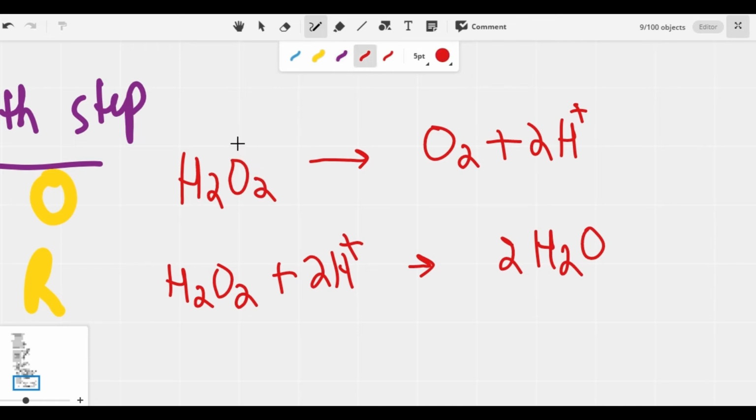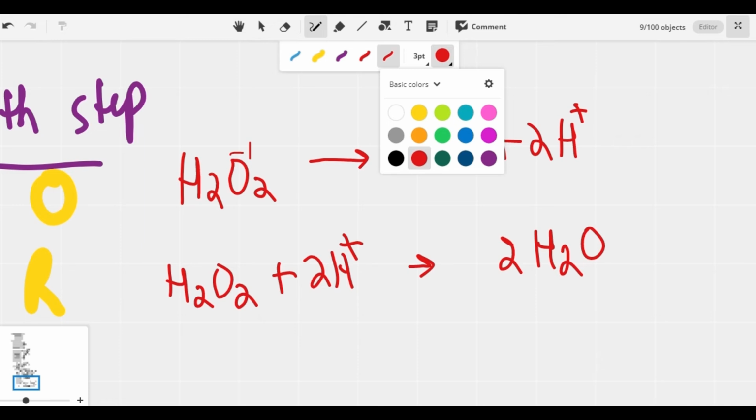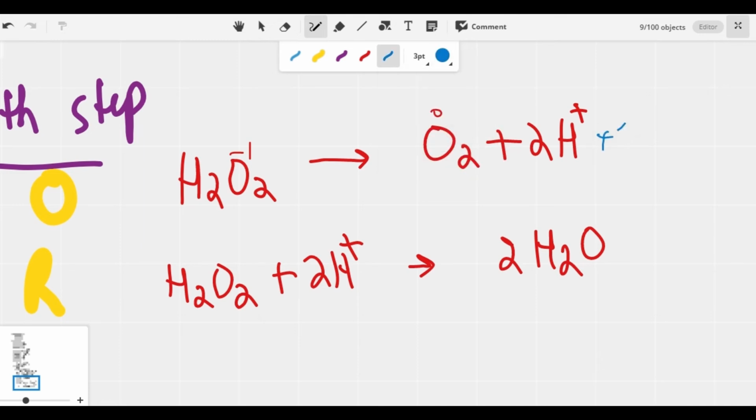Here you can see that overall here is -1 and here is 0, and there are two oxygen atoms, so it means that there is a loss of 2 electrons. So you need to add 2 electrons on the product side.